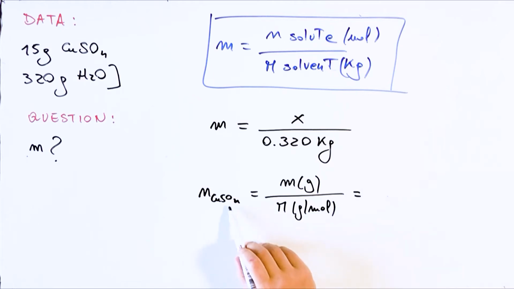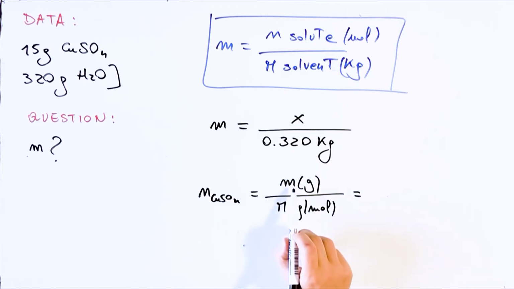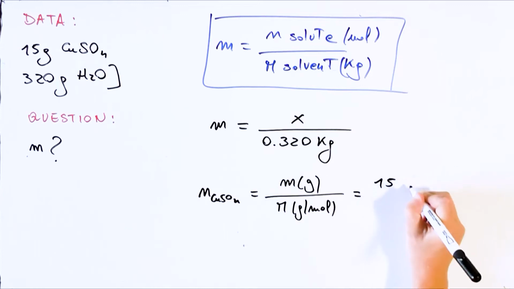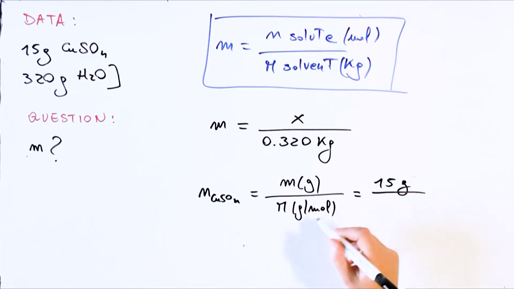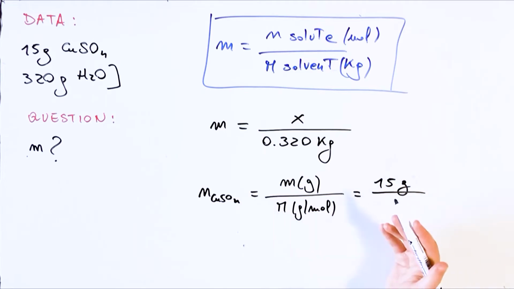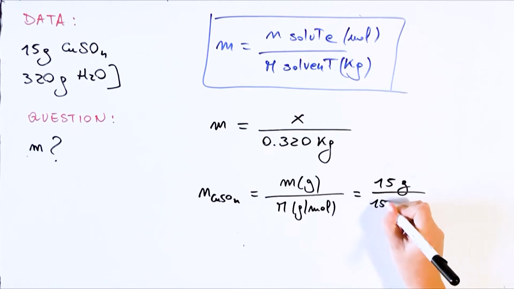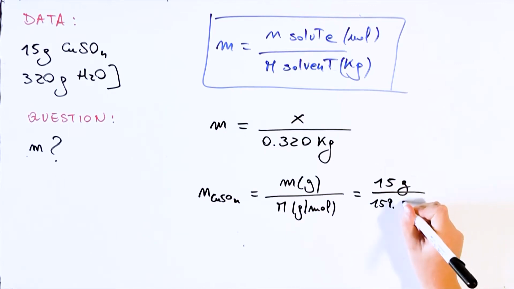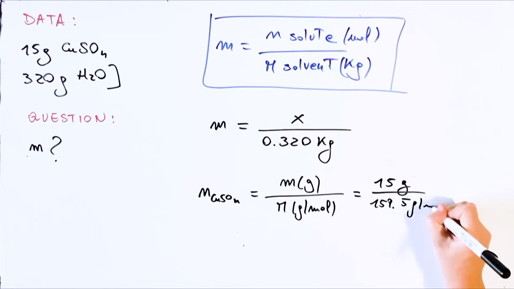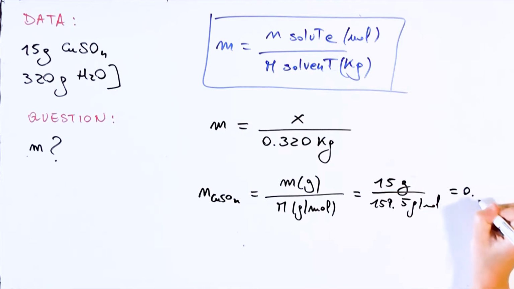So in our case, with copper sulfate, this mass is 50 grams, and the molar mass of copper sulfate, you can calculate it using the periodic table or just Google it and you will find that this mass is 159.5, which is equal to 0.094 mole.